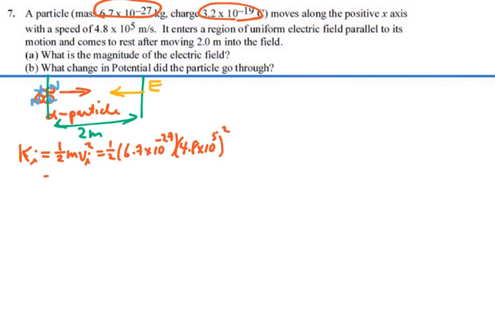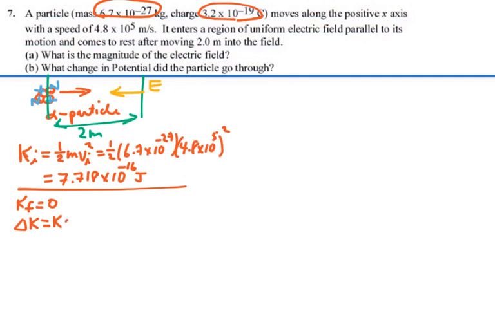And this is going to be 7.718 times 10 to the minus 16 joules. Final kinetic energy will be 0 because it came to rest. So our change in kinetic energy, which is our final kinetic energy minus our initial kinetic energy, is going to be a negative 7.718 times 10 to the minus 16 joules.